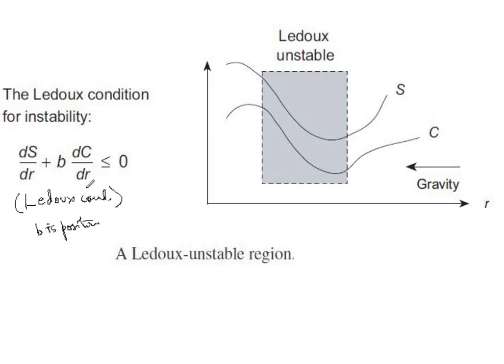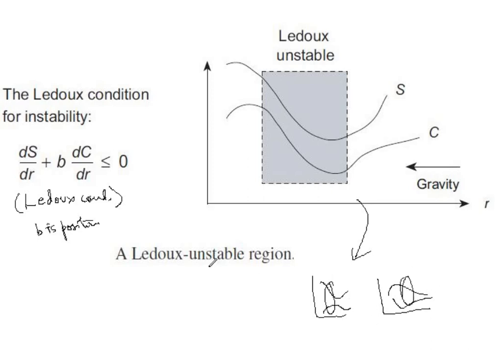Now, if the entropy gradient and the concentration gradient have opposite signs, then the stability of the region is dependent on the relative sizes of the two terms. So it is possible that we can have a situation where one is like this and another is like that.